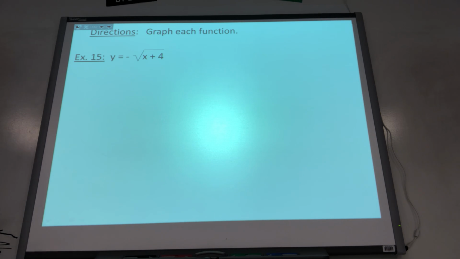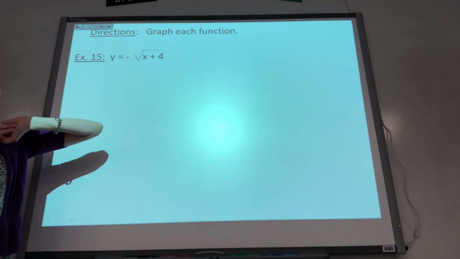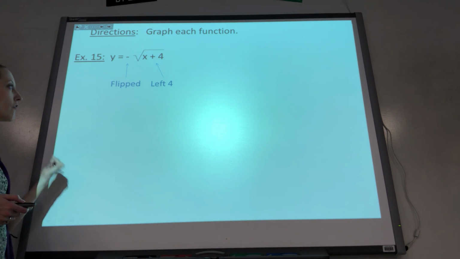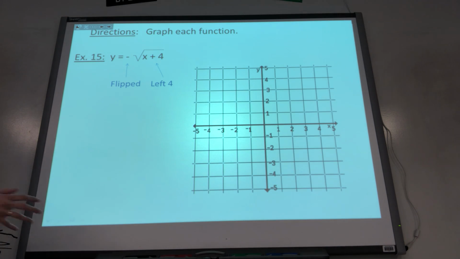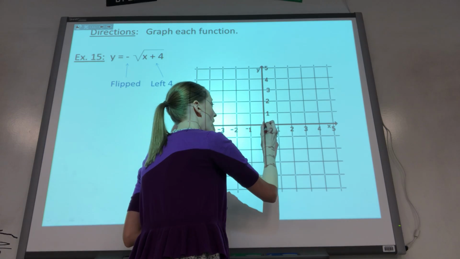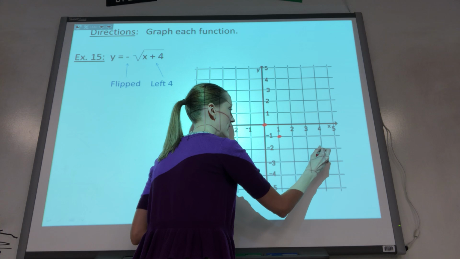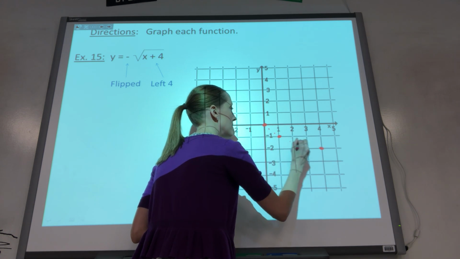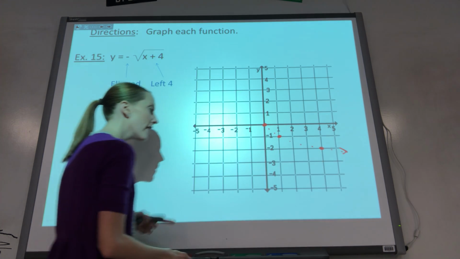We know the negative is going to flip it, but what will that plus 4 do? Move it to the left. So flipped left 4.